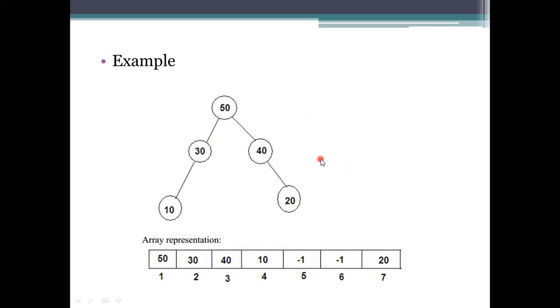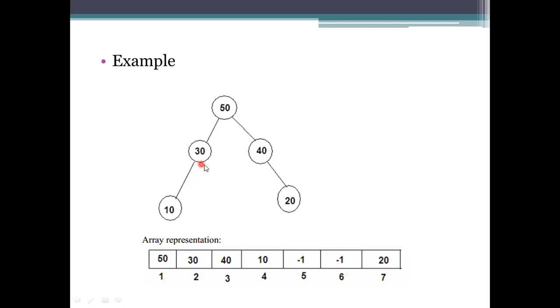How are we storing the values here? We need to know the levels. The first element we store starts with 1, not 0. So the first element is 50, and then positions 2 and 3 are 30 and 40. This one is the 4th.